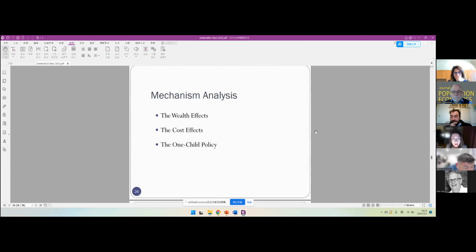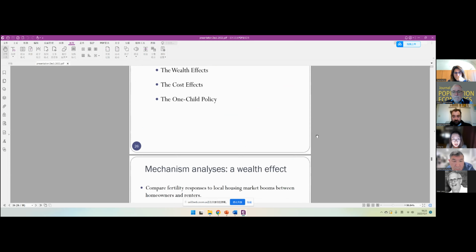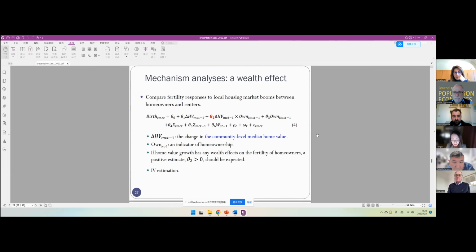So let's look at the mechanism analysis. In this part, we compare fertility responses to local housing market booms between homeowners and renters, following the literature, using this specification.